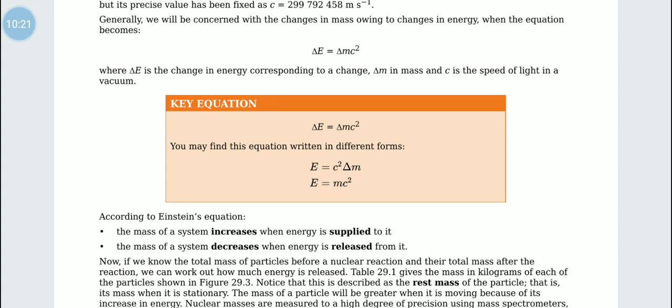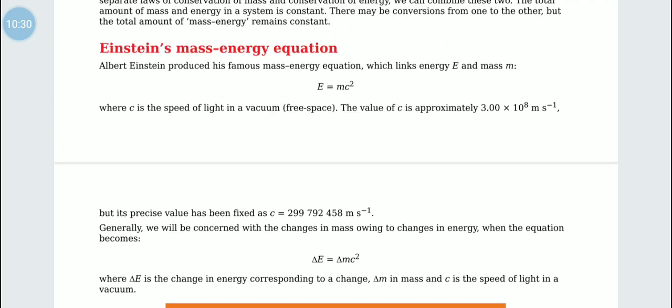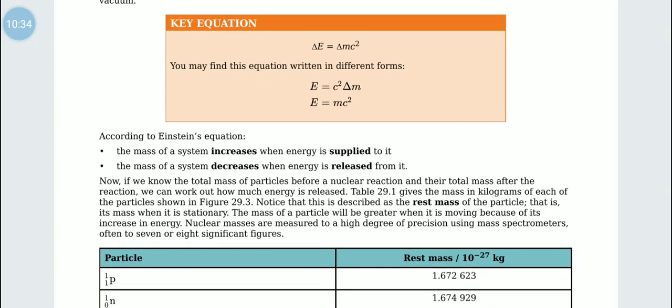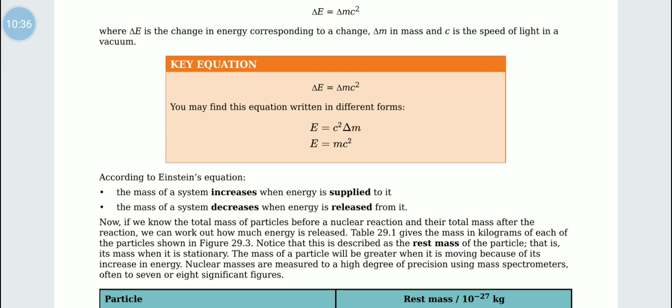You can write it in different formats: delta E equals delta m c squared, or E equals c squared delta m, or E equals mc squared. Whatever the format, it refers to Einstein's mass energy equation. As you can see here, energy is equal to mass multiplied by the speed of light squared.